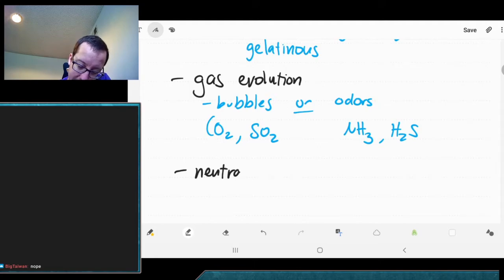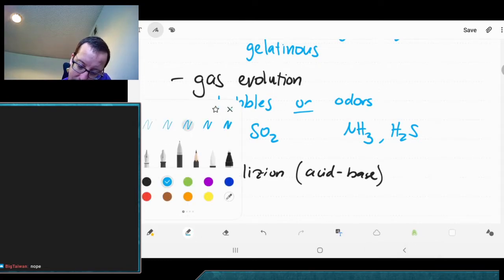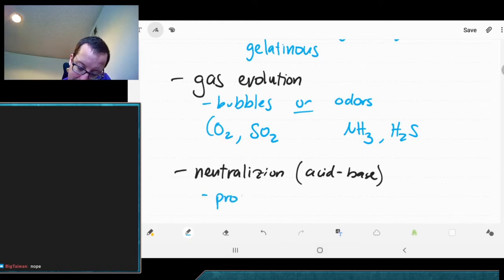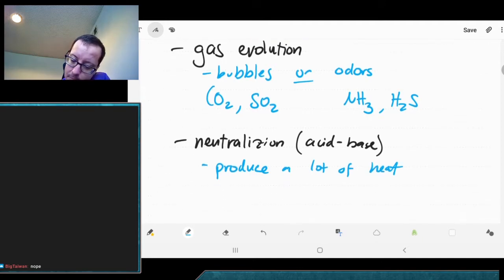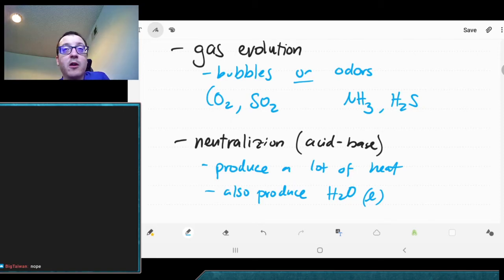Another type is what's called a neutralization, or acid-base. These will produce a lot of heat, and they will also produce liquid water.